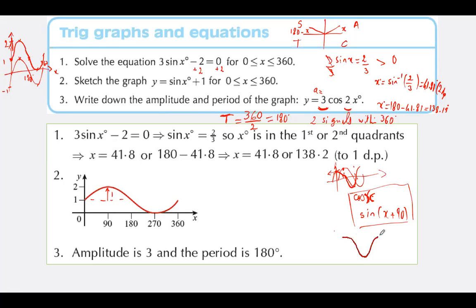So if you've got cos like that, then you do cos again twice, and you've now drawn cos 2x, because you've got two of them within 360. And now you can see the period is just half of it, it's 180. And the amplitude would be 3. So instead of a 1, that changes to 3. And that becomes a -3. And this is y, and this is x.